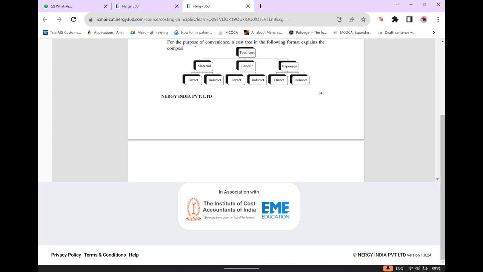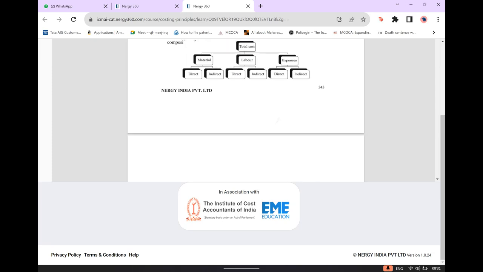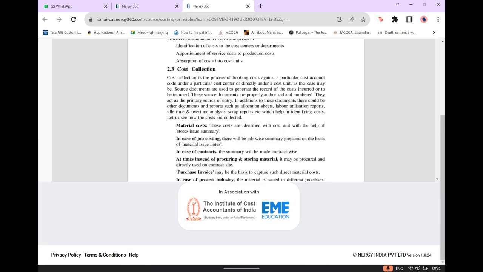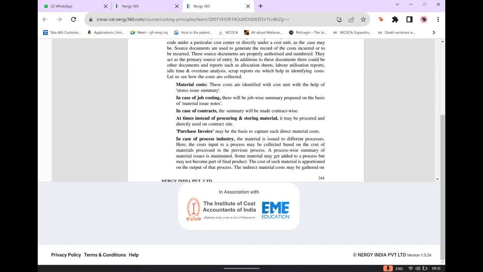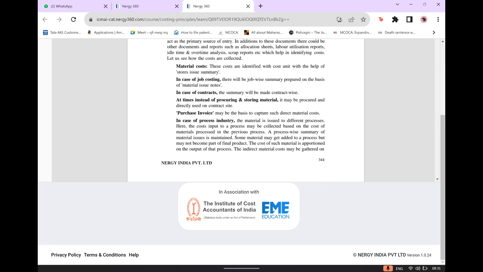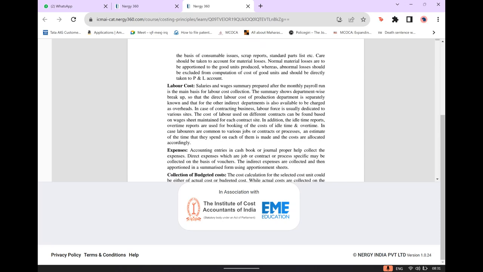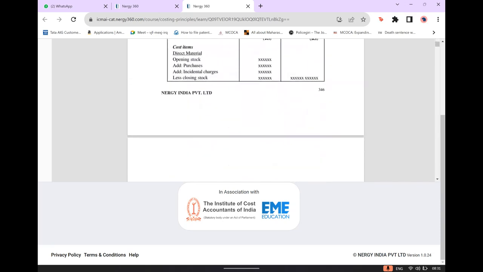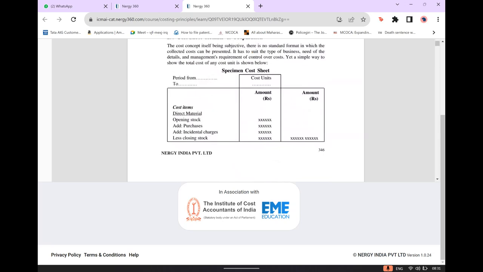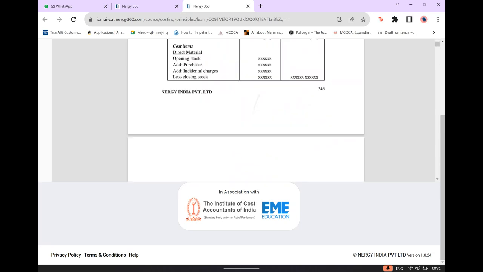Then we add the selling and distribution expenses. You get the cost of goods sold. So this is the generic format, and once you get the cost of sales, you add the profit element, then you will be able to arrive at the selling price of that particular product. So they have given you the format, so you can run through it.